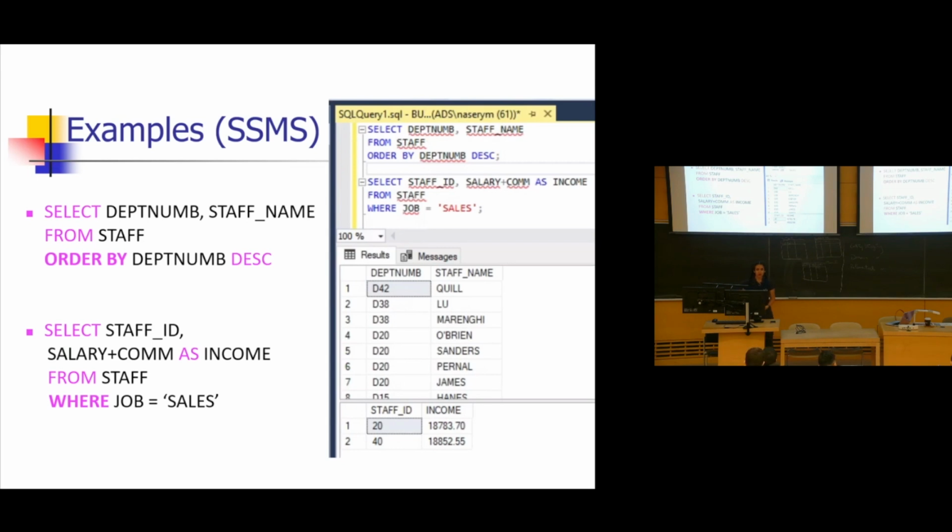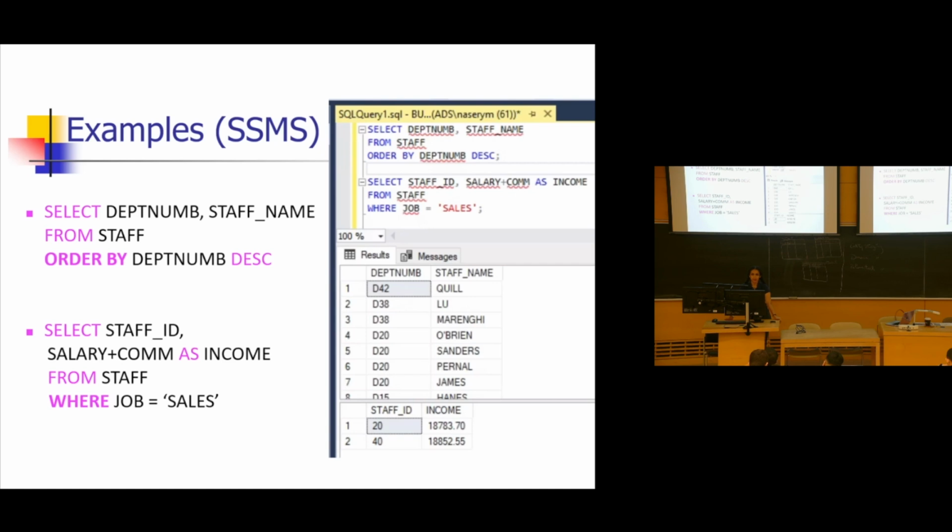Also, you can do some arithmetic actions on the columns. For instance, let's say we have two columns, salary and commission, but you want to find the income, the total income of the staff.